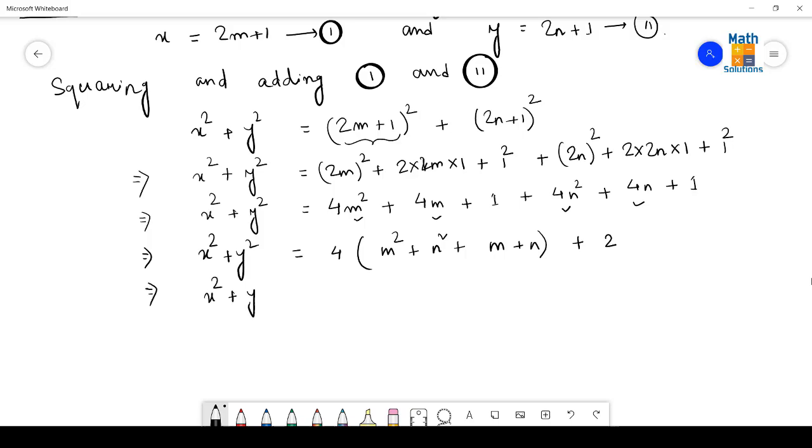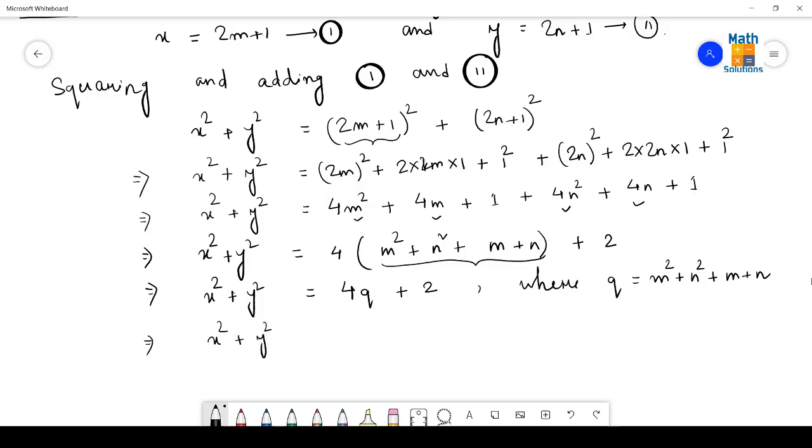So from these two parts, what do I get? x square plus y square is equal to 4q, suppose I consider this whole thing as an integer q, plus 2, where q is equal to m square plus n square plus m plus n. So after this I can write x square plus y square is equal to, in what way can we proceed here? We can take common 2.